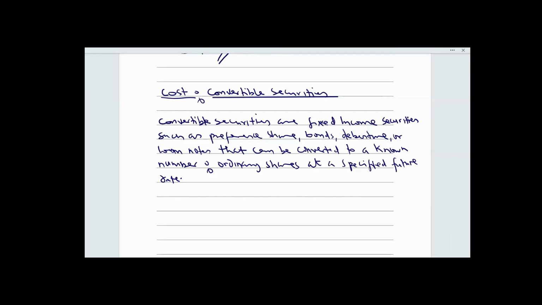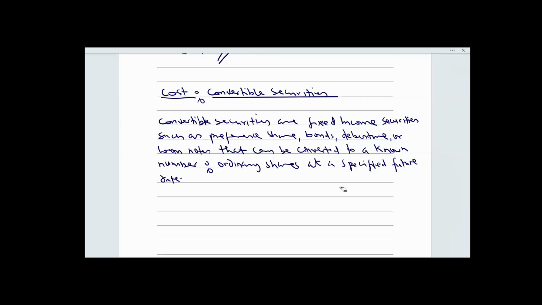When the contract is being developed, of course, depending on the agreement between the company and the investors, if it is written in the agreement that the investors can convert their debt to number of ordinary shares in the future, then of course the investor will have the opportunity to exercise the right, or they just allow the security to mature and then they just redeem it.